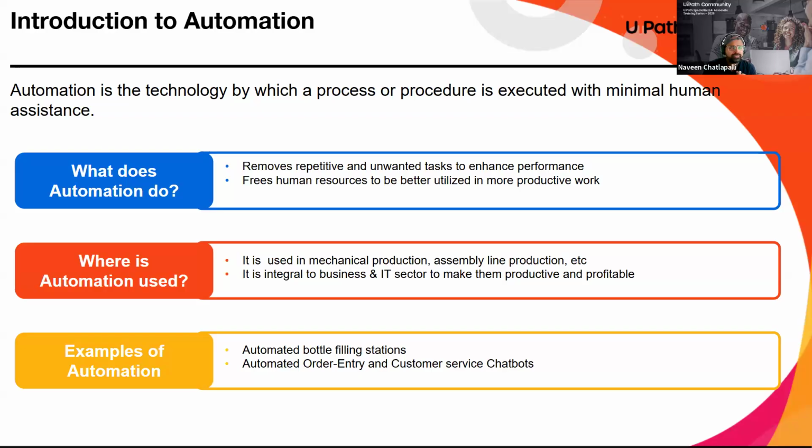Where is automation used? You can see it anywhere. It touches from any point to any point. If you go to work and see a calendar notification popping up from your manager, that means your manager has scheduled a trigger for your calendar invite to show up every day for your daily meetings.